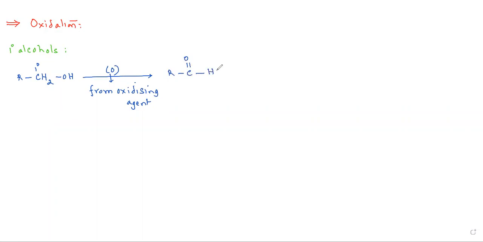Primary alcohols on oxidation give aldehydes with the same number of carbon atoms. This is important here. Now, if a strong oxidizing agent is used, aldehydes are further oxidized to acids, again with the same number of carbon atoms.